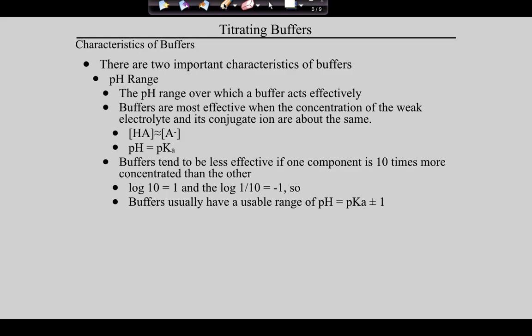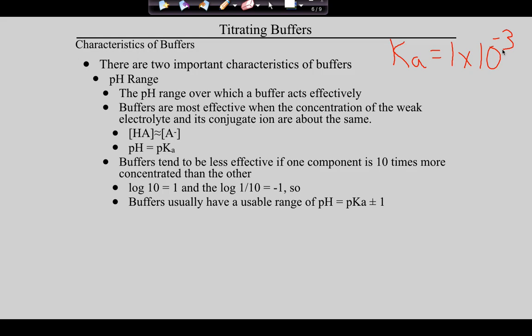Let's go back to this thing where we've got a weak acid with a Ka of 10 to the negative third. If we make a buffer out of that where the weak acid and the conjugate salt have the same molarities, then what will the pH be? Let's say it again. We've got a weak acid with a Ka of 10 to the negative third.